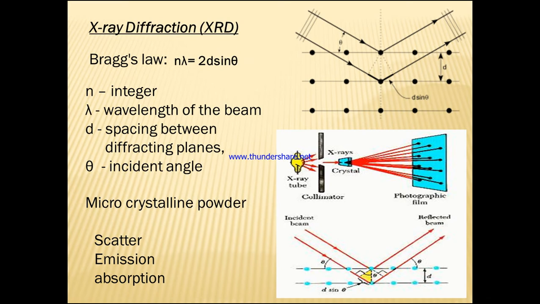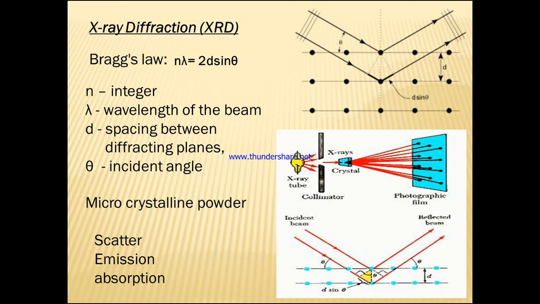When the ray falls on the atoms or molecules, based on their placement, the X-ray will be deflected to allow identification of the material.